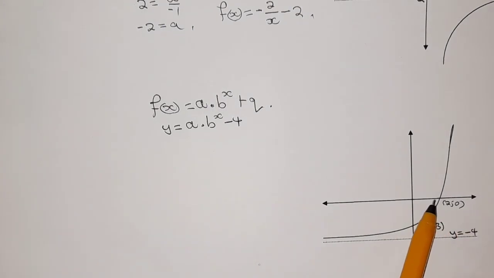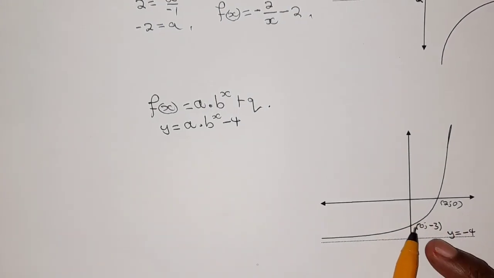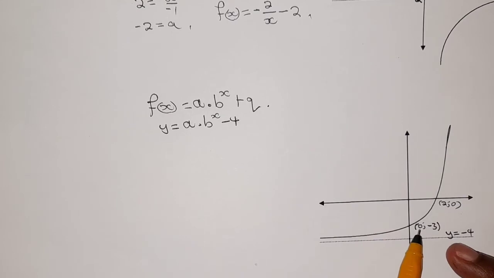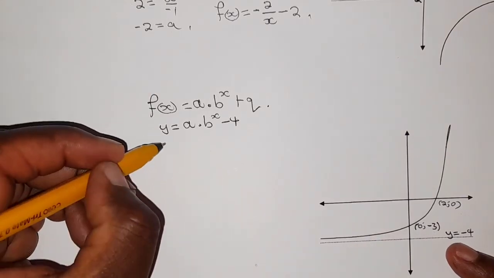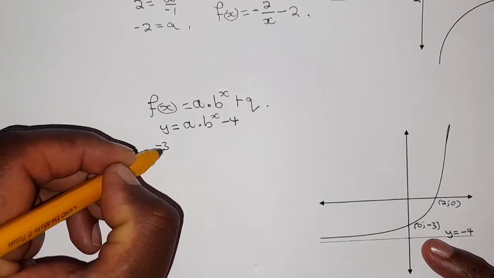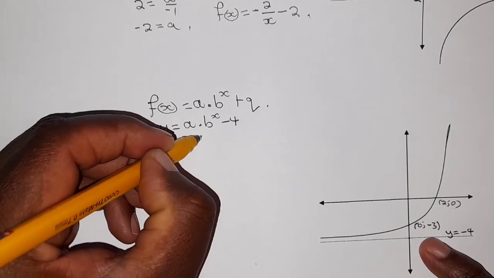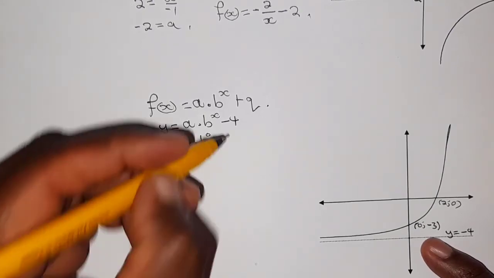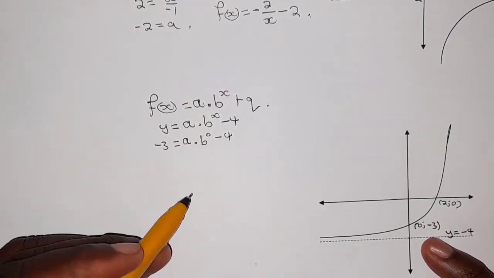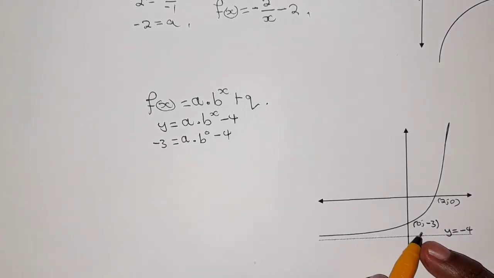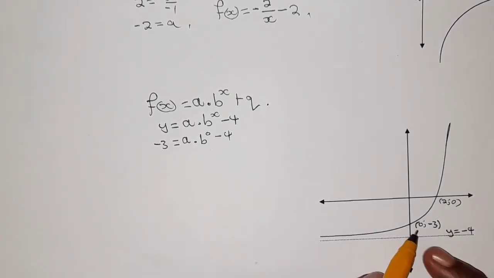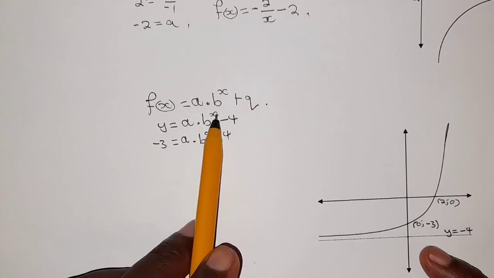I want to substitute the y-intercept when x is 0 and y is negative 3. So negative 3 is equal to a, my x is 0, and this is minus 4. The reason why I decided to substitute this coordinate is because I want to get rid of b to the power of x.